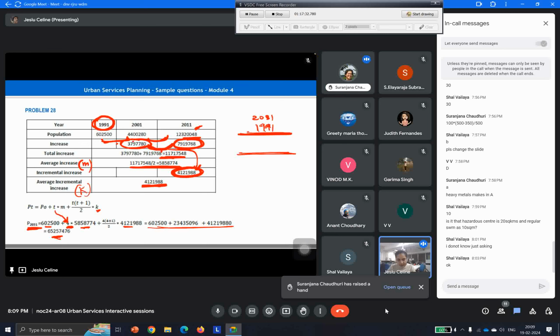Correct, correct. Yeah, it changes. The value changes.